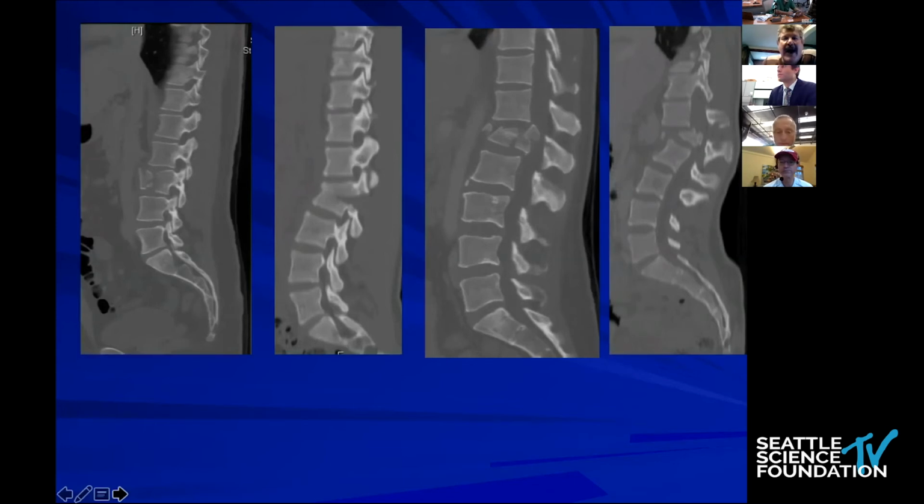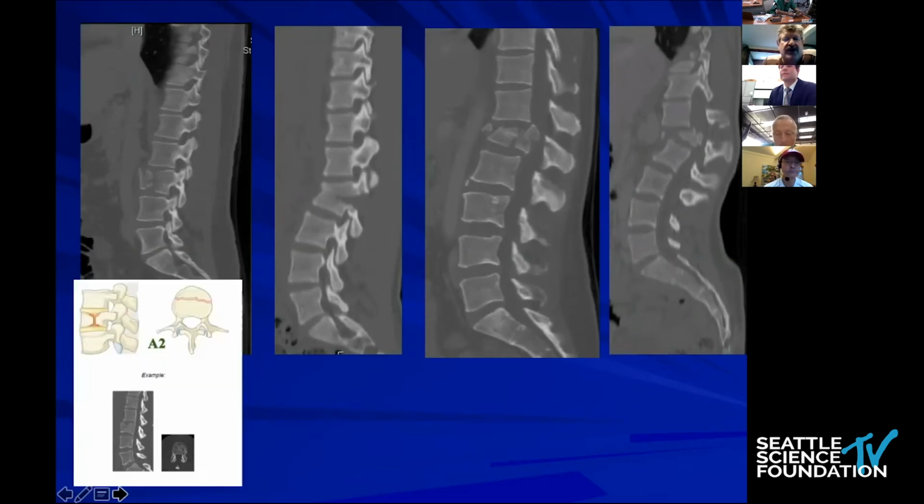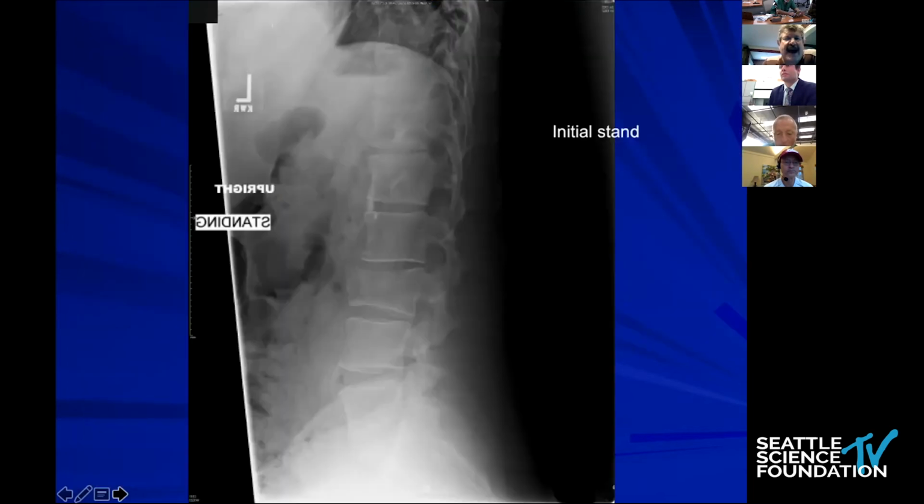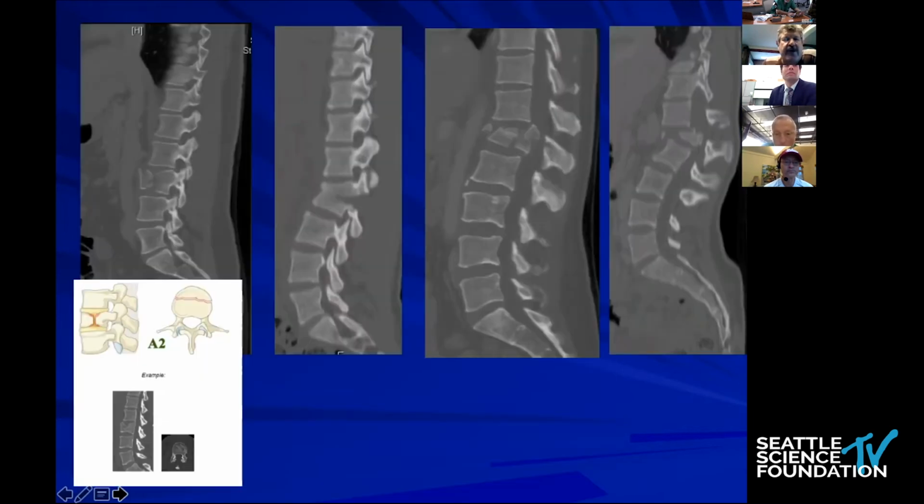So if we go back to those 4 fractures we saw in the beginning, we can see that this first fracture was an A2 fracture, the pincer fracture. And the reason this was important to subclassify is this fracture is a bad actor. The anterior inferior corner of the level above tends to collapse, and this tends to fall into kyphosis.